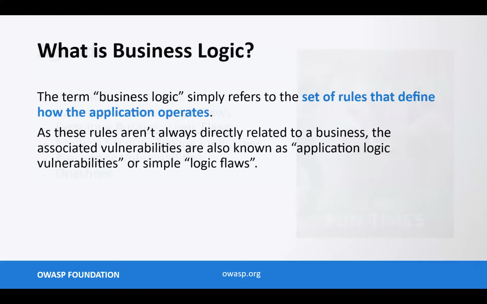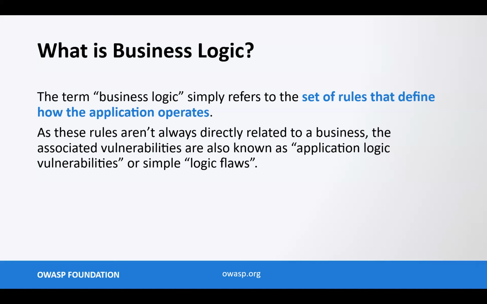So first off, basic question, right? What is business logic? Business logic is basically a set of rules that defines how the application operates. It's very broad, honestly, and it is kind of a confusing term because you see business in there. But a lot of times we call out business logic vulnerabilities when they're not directly tied to the business of the application or company that's hosting the website.